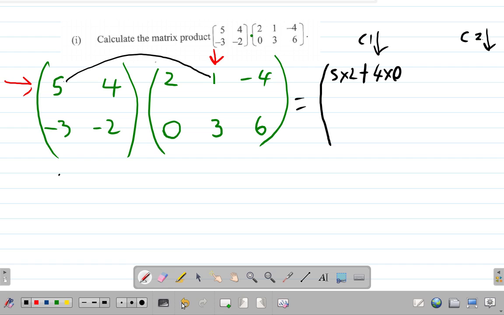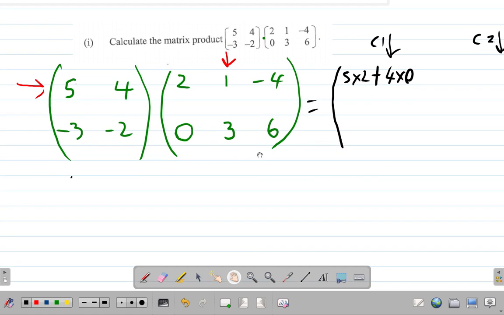That's 5 by 1. 5 times 1 plus second element in row 1 times second element in column 1. That's 4 by 3. Oh, wrong place I'm writing it. It's row 1, column 2. Remember, this is row 1. This is column 2. Let me do that again.